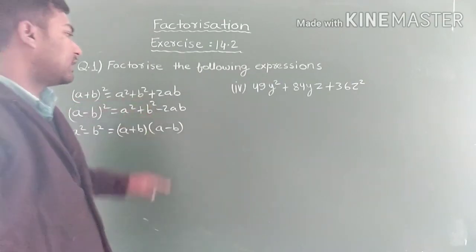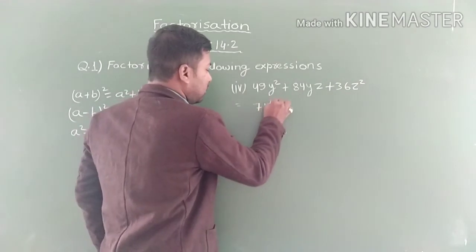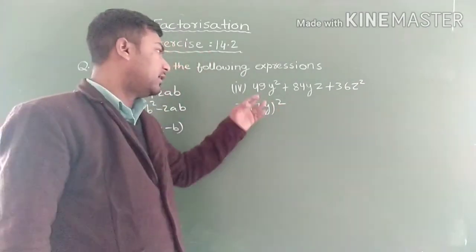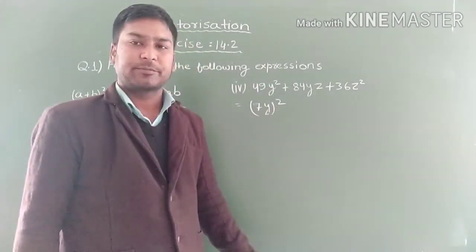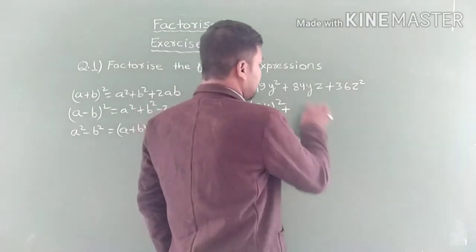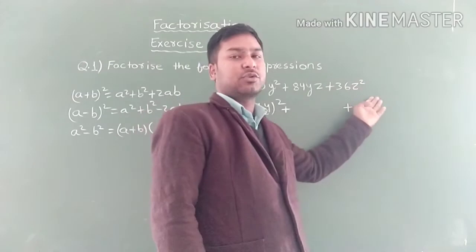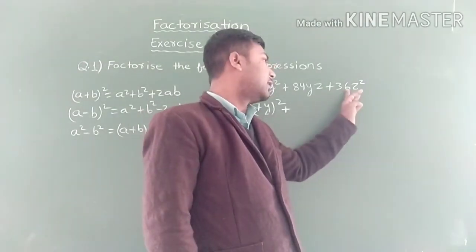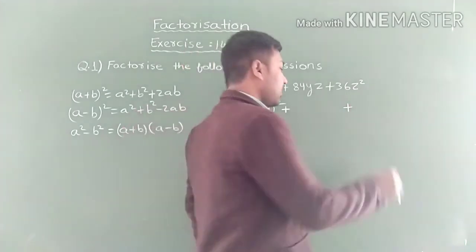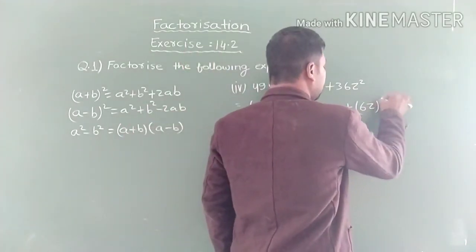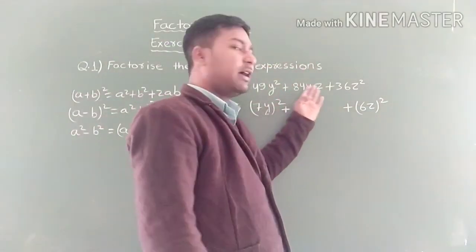49 is the square of 7, so we can write 7y whole square, plus the middle term is left, plus 36z square. 36 is the square of 6, so we can write 6z whole square. Now the middle term is 84yz.